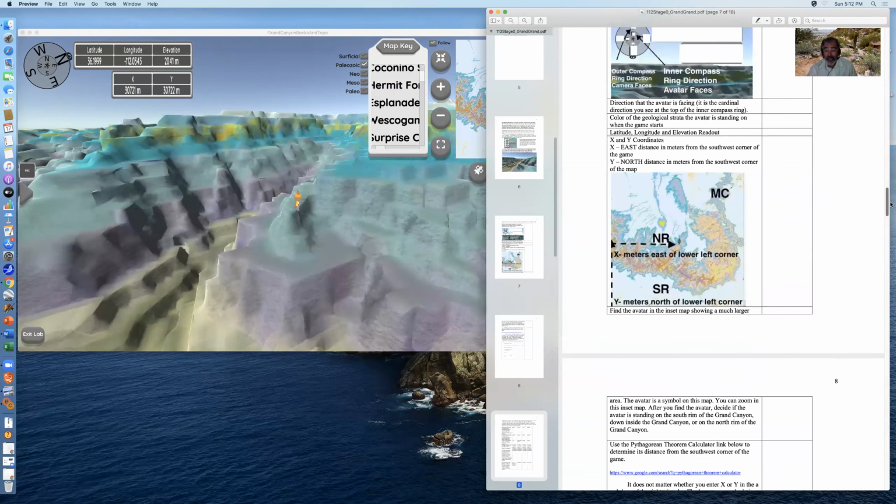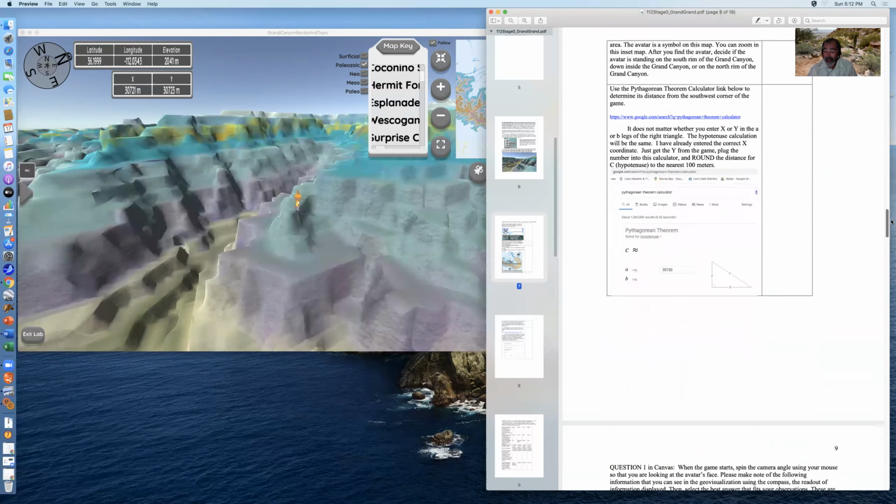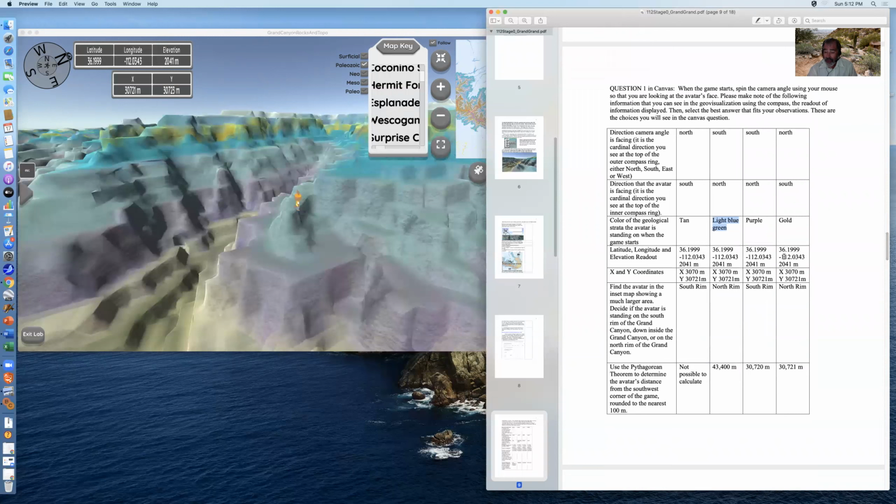Then you're instructed to write down the latitude and longitude and elevation of the readout of where the avatar is standing. And the choices are pretty much all the same in the Canvas question. Then you're asked to write down the X and Y coordinates.